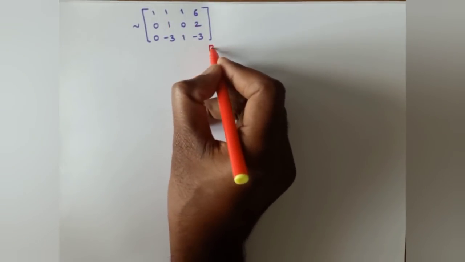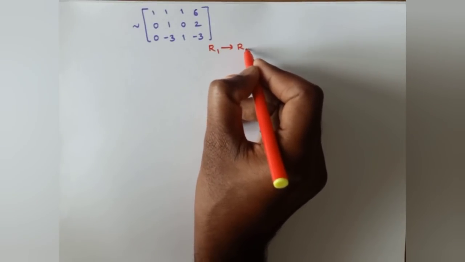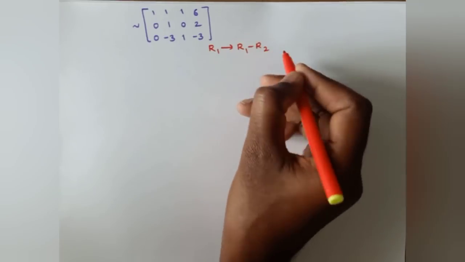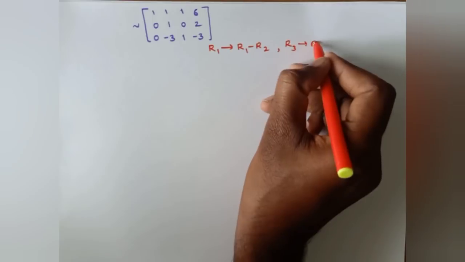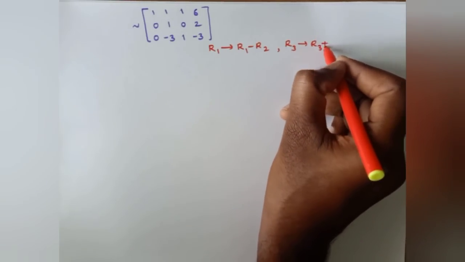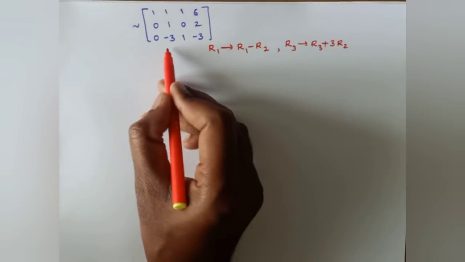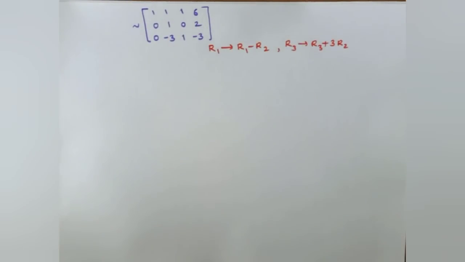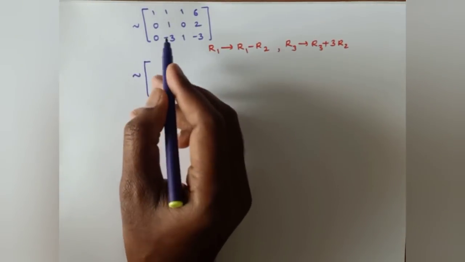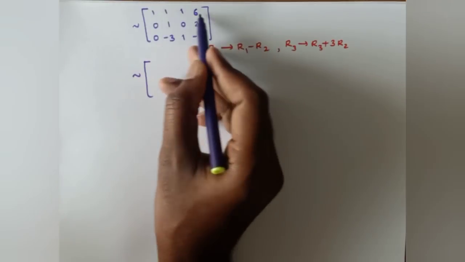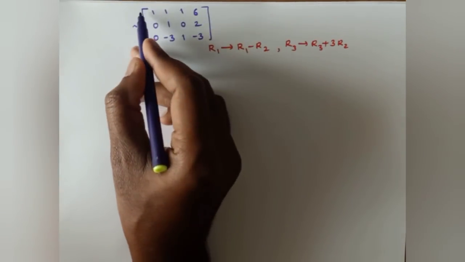That means I am applying the row operations R1 minus R2, and for R3, R3 plus 3 into R2, meaning I am multiplying row 2 by 3 and adding it. Now first apply the row 1 operation, so row 1 is changing: row 1 minus row 2 elements.